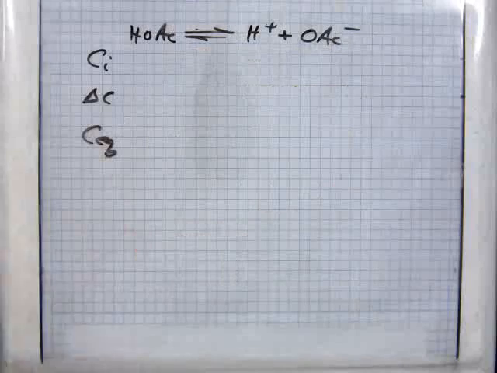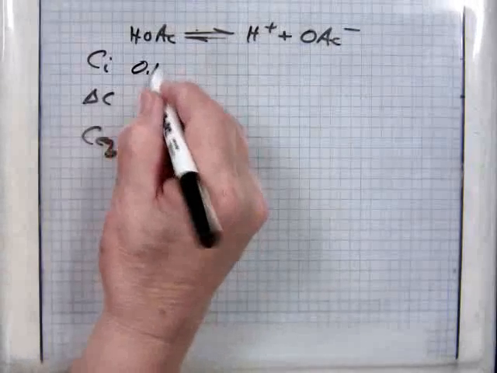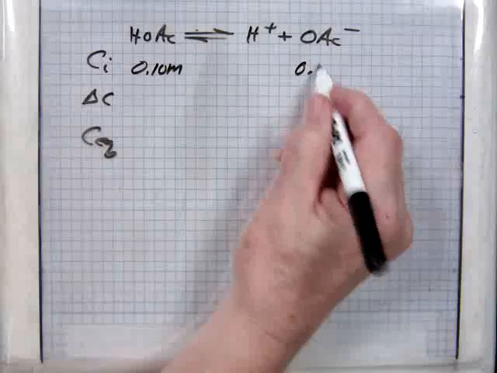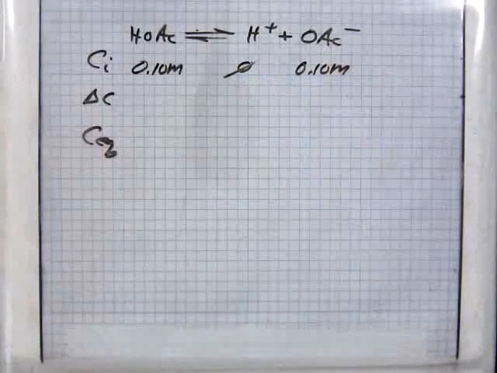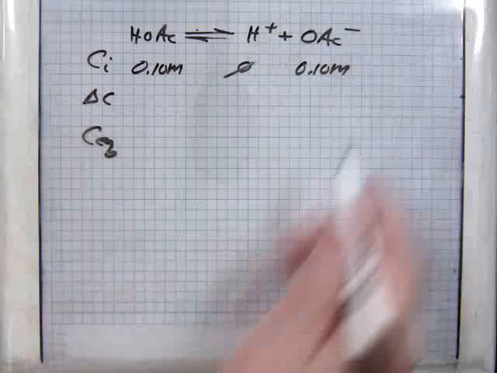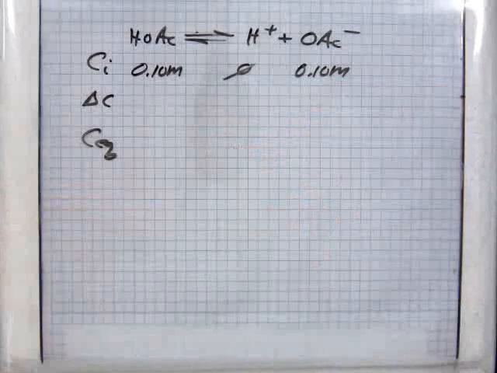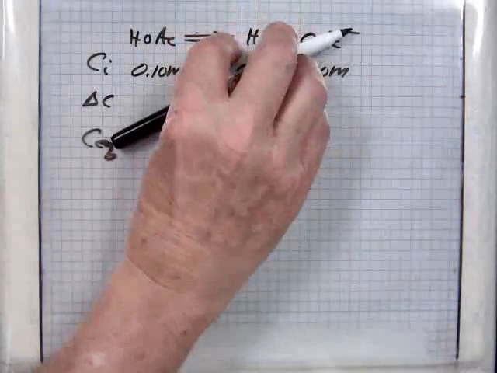Okay, so 0.10 molar and 0.10 molar, and we assume that we're starting at zero and going to make a new equilibrium concentration of hydronium ion. Now, if we add in that 0.01 molar hydroxide, we tilt left, okay?